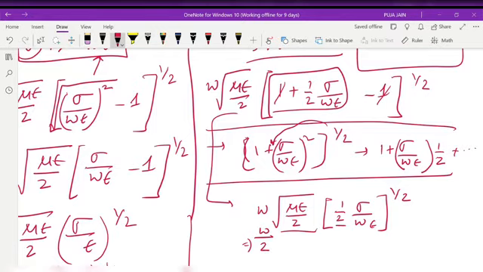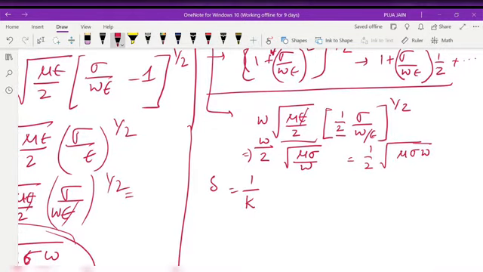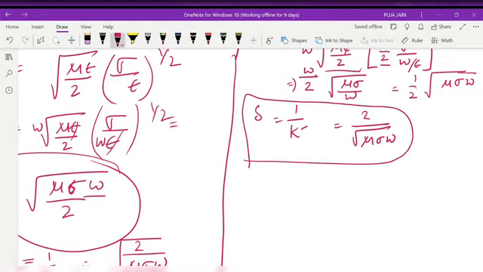This will cancel out. So we will get mu sigma by omega. So we are getting this half mu sigma omega. Okay, so skin depth here is 1 by kappa minus. So we are getting this 2 by root mu sigma omega. So this is the skin depth value for insulator and this is the skin depth value for metal.